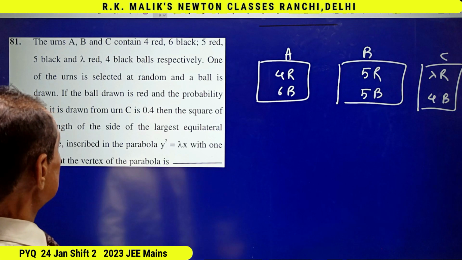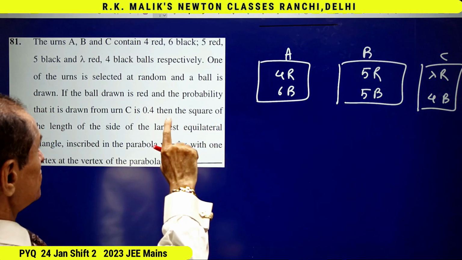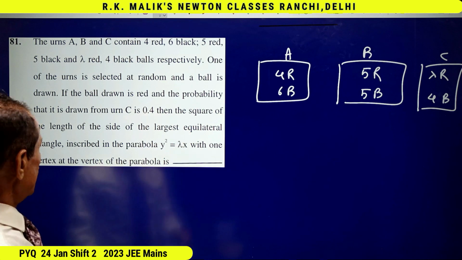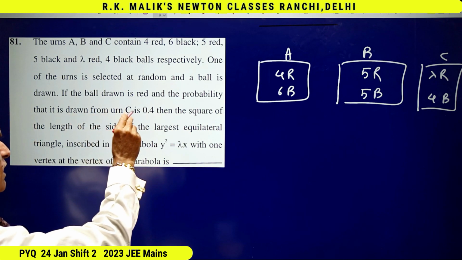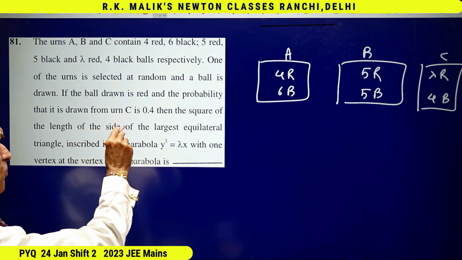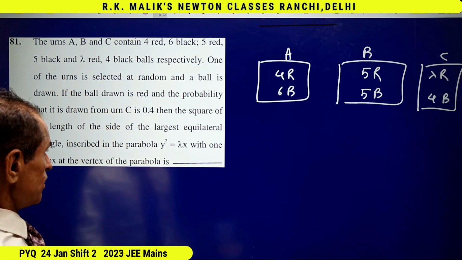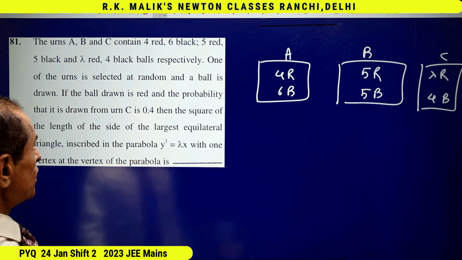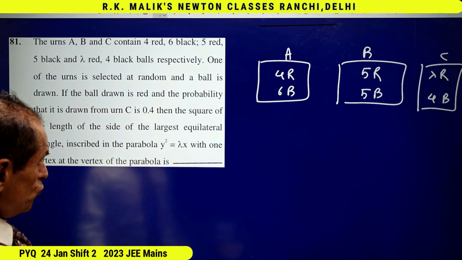And then it is given that we select any one of the urns and select a ball from it. And it is given that the ball selected is red and the probability that it came from the urn C is 0.4. Using this information, I will find the value of lambda, and after finding lambda, I will use that value of lambda in the next part of the question.